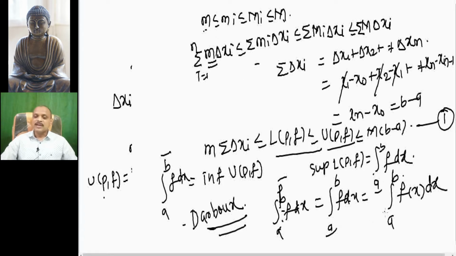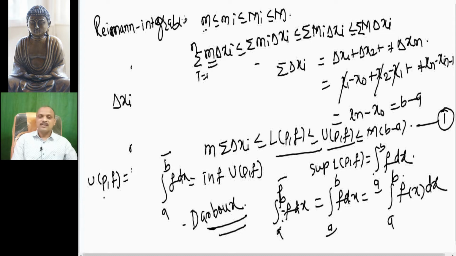Okay, so remember that when the upper integral equals the lower integral, the condition is satisfied, and the function is called a Riemann integrable function. So what is the definition of Riemann integrable?